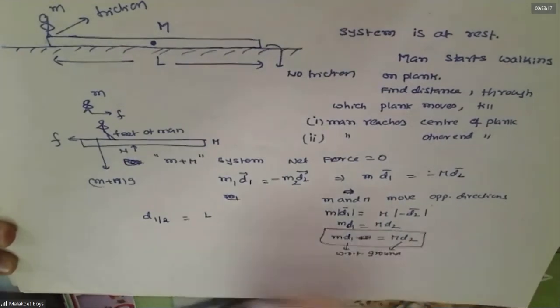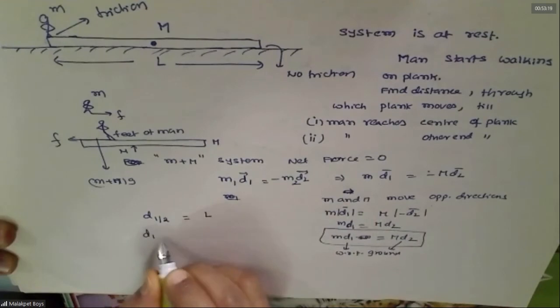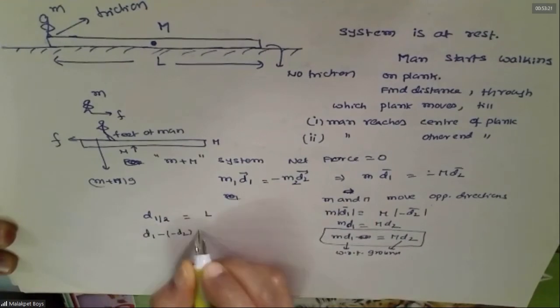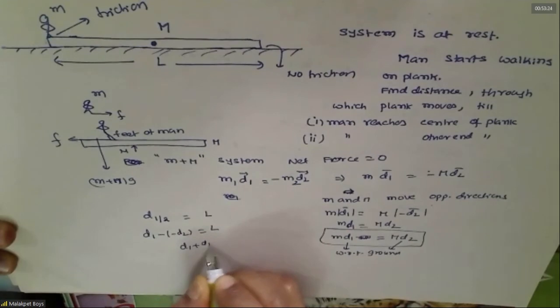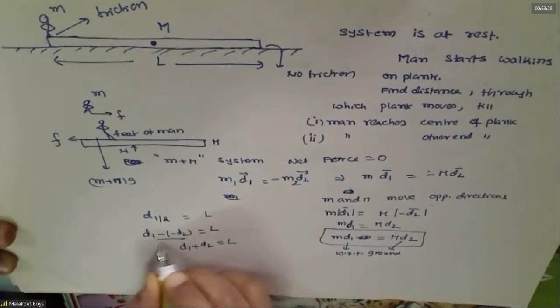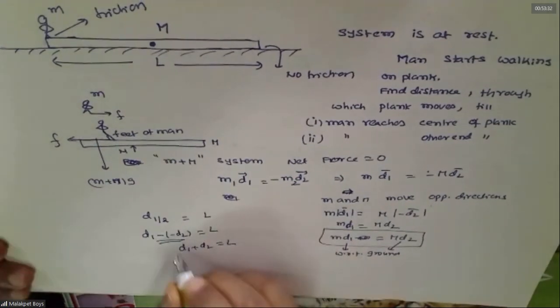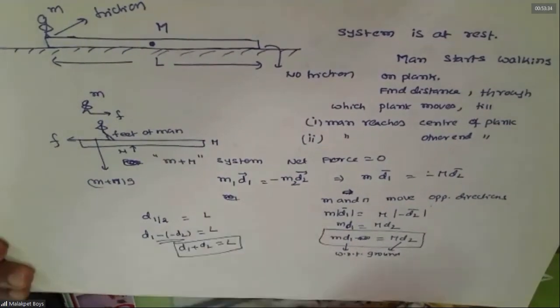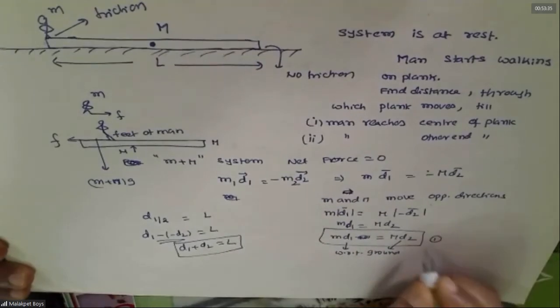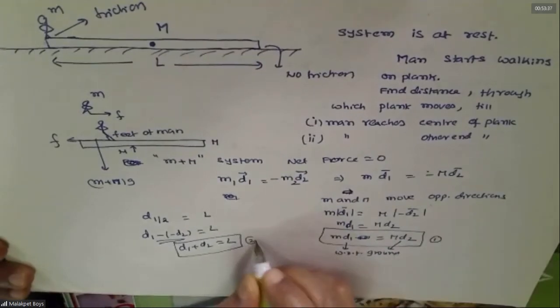So now I can say that D1, because they move in opposite direction, is L now. Remember this? Understood why I have taken this? Yes, this is one equation. This is the second equation. Solve and you will get both.